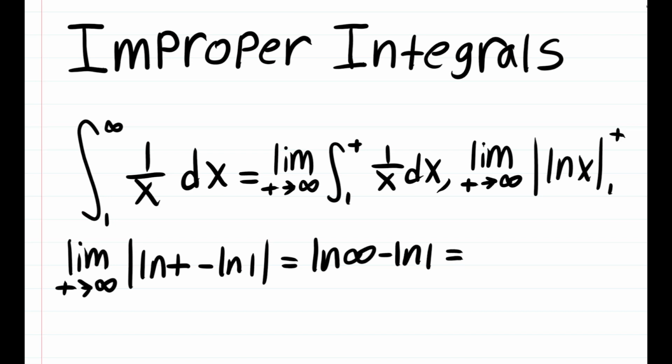And this gives us a final answer of infinity, which is not what we want. Anytime we get a result from an integral that is not a finite number, we can say our integral is divergent.